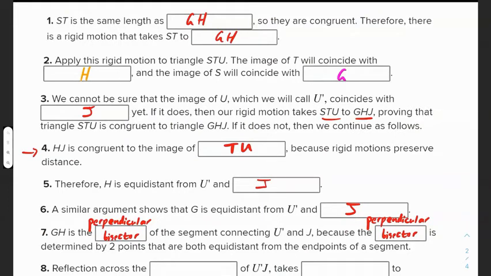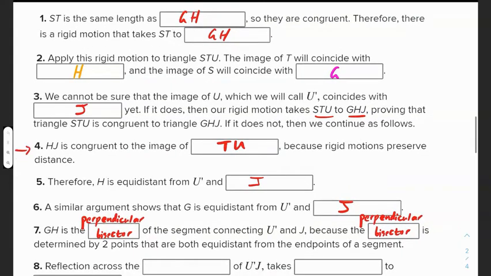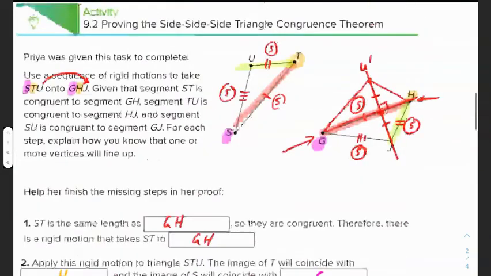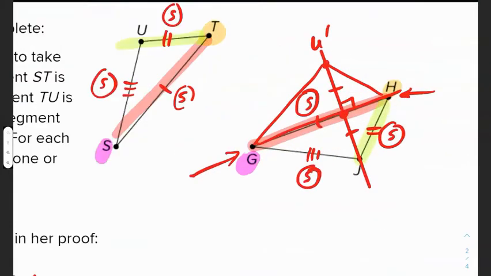The line of U prime J takes, well, I know if we do a reflection, if we look here, I know if we do a reflection across U prime J, G is way over here. H ends up reflecting over here somewhere. So I don't think we're talking about G and H because they don't map onto each other.